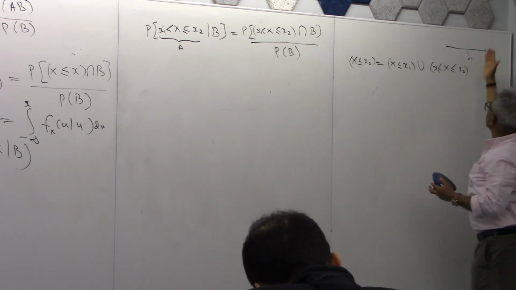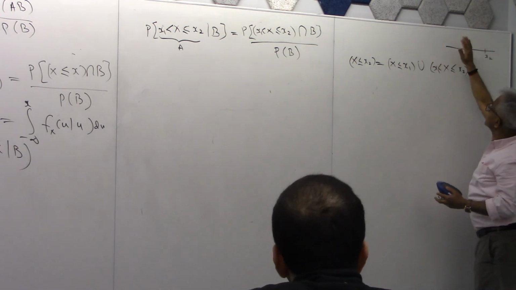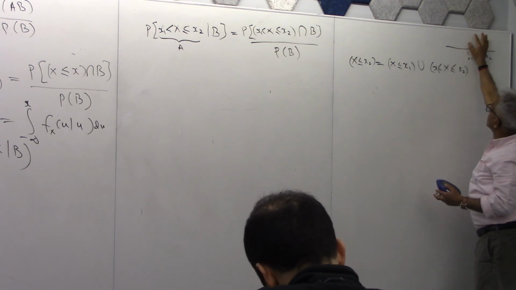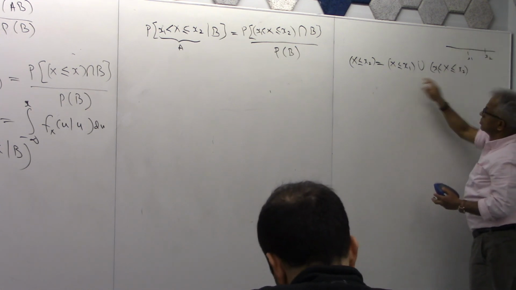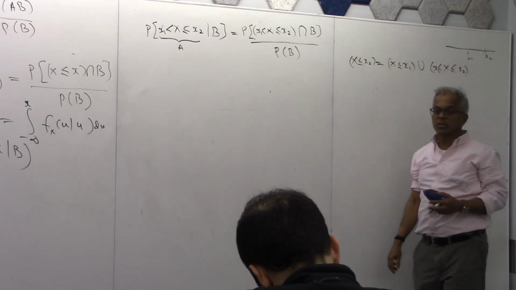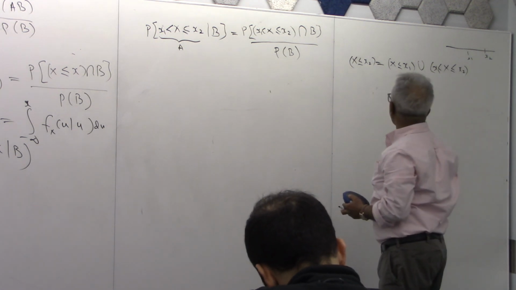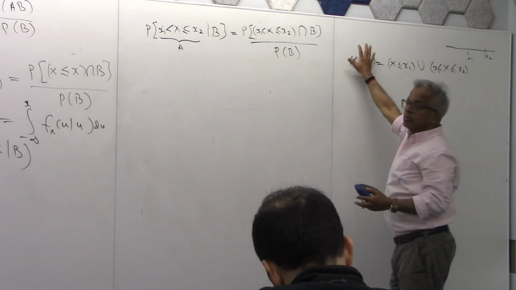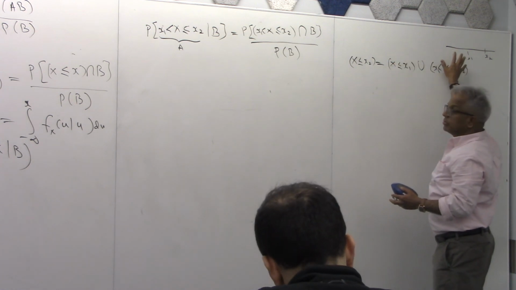This is no big deal. The x less than x2 is here. That's x less than x1 plus x between x1 and x2. So these two are mutually exclusive. So of course, the probability of this is the probability of this plus the probability of this.